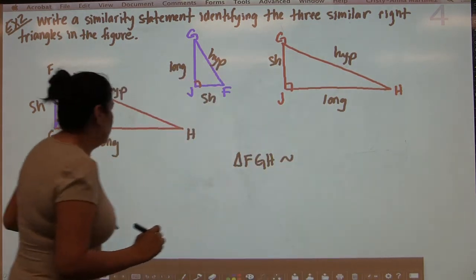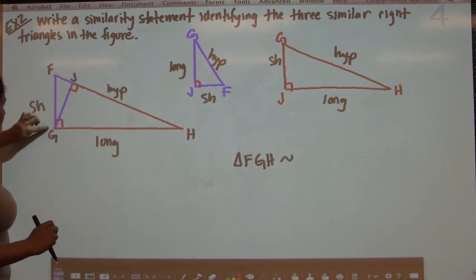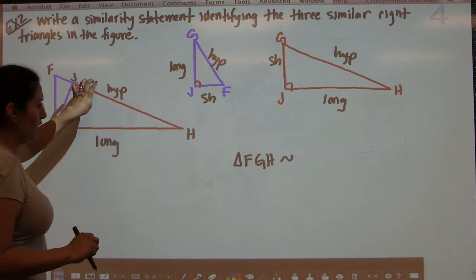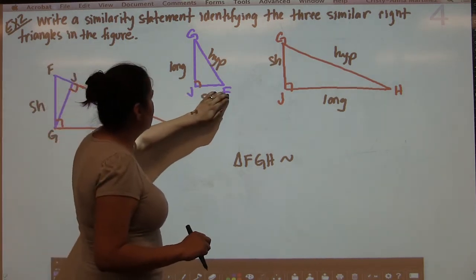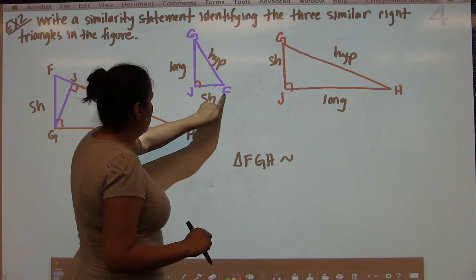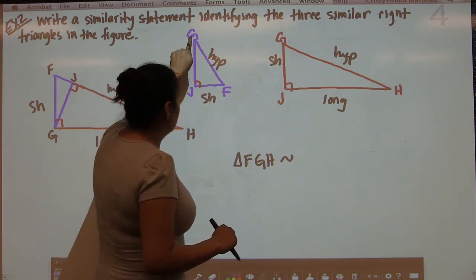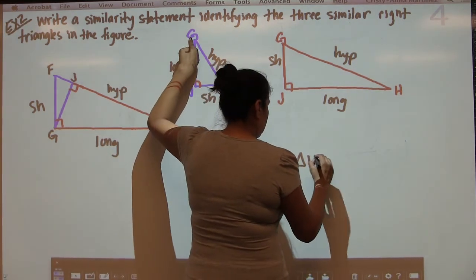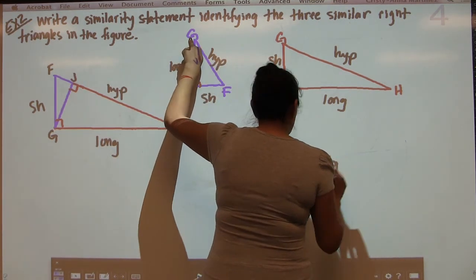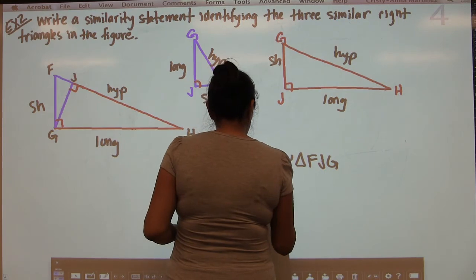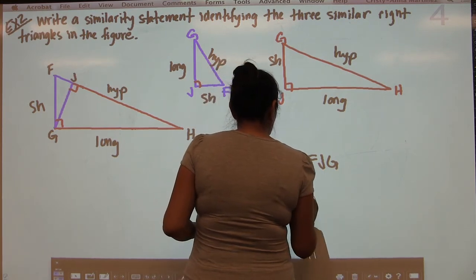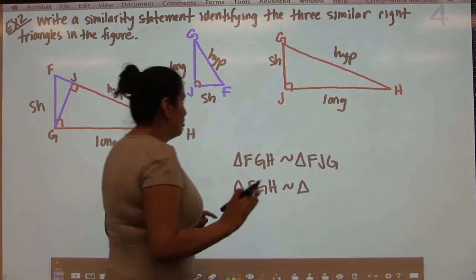Triangle FGH. So in that order, I'm going short, long, hypotenuse. So I'm going to go in this direction, short, long, hypotenuse, FJG. I also need to do the same thing for the larger triangle.